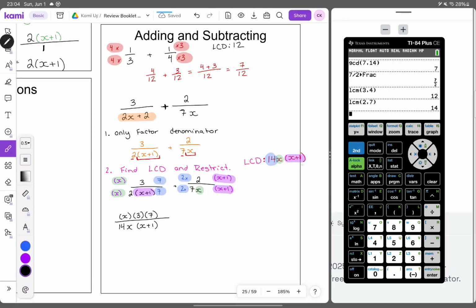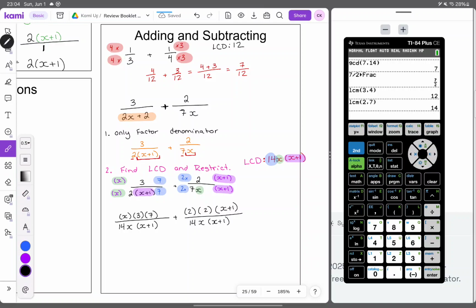That's good. That's what I wanted my lowest common denominator to be. In this one, I have a 2, a 2, and an x plus 1, all over 2 times 7. That's going to give me a 14x, x plus 1. And that's good. That's what I wanted my denominator to be.